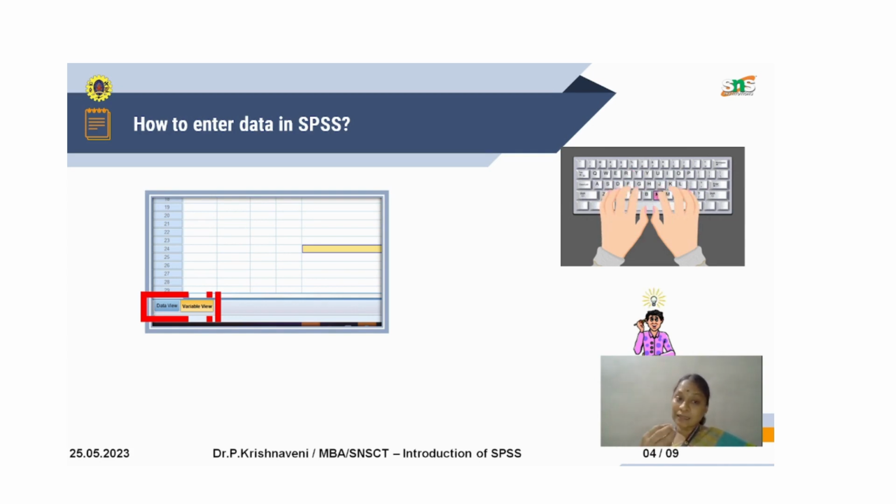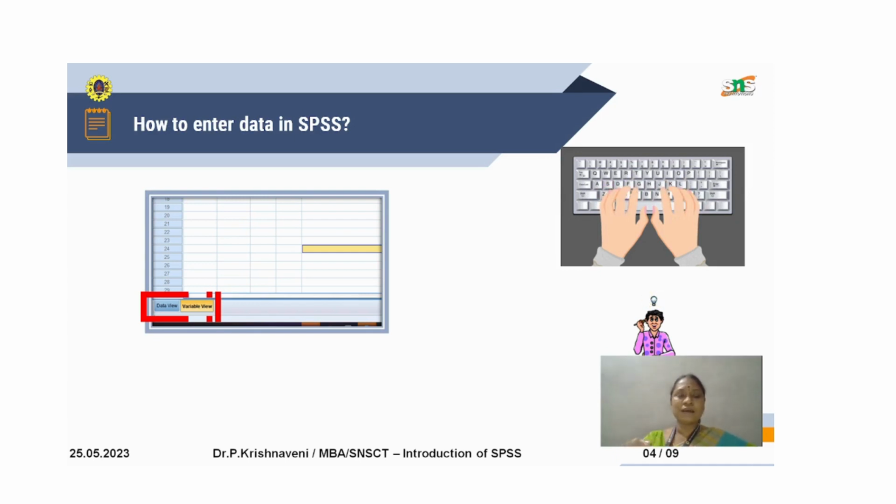And in the variable view, we can specify whether the marks will be in terms of numbers and the name will be in terms of characters. Everything is explained to this package by using the variable view. So the variable view tells SPSS what kind of data it is. It is all the information about the data which we entered in the data view.